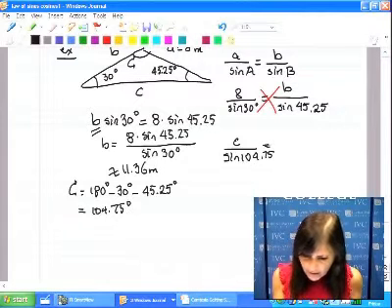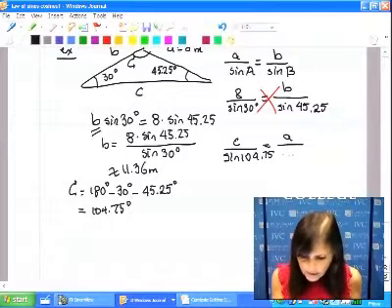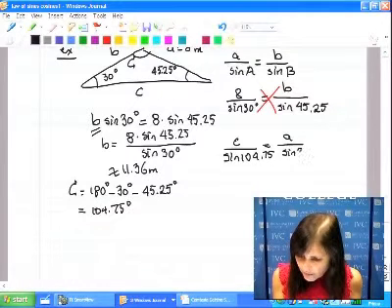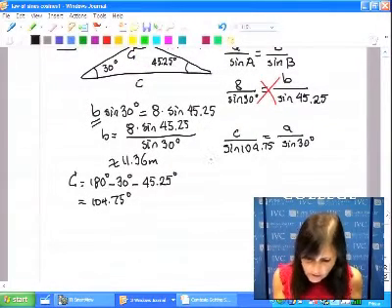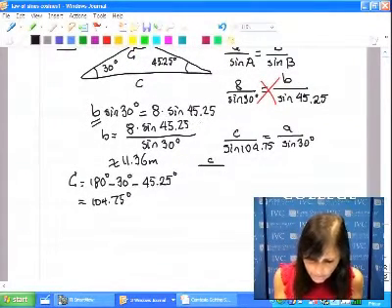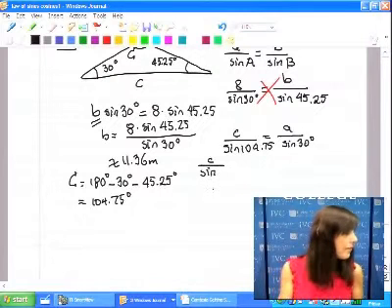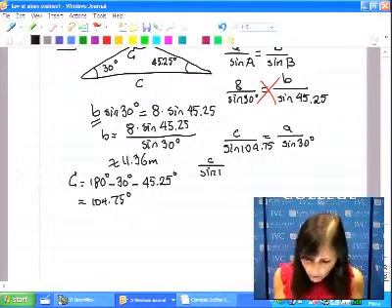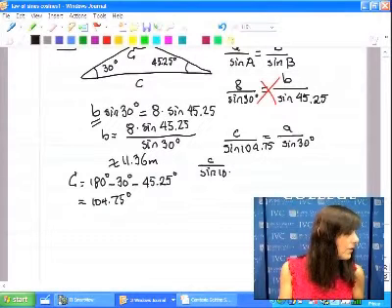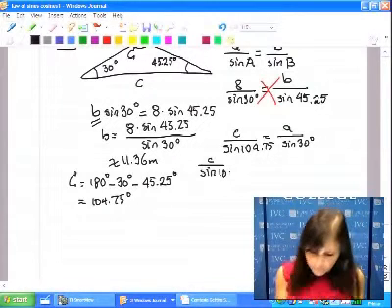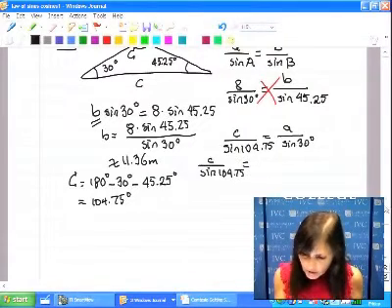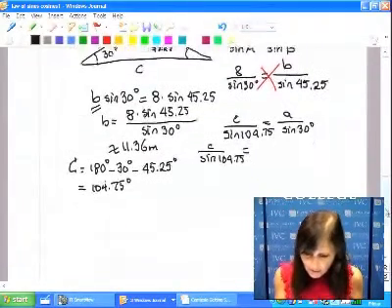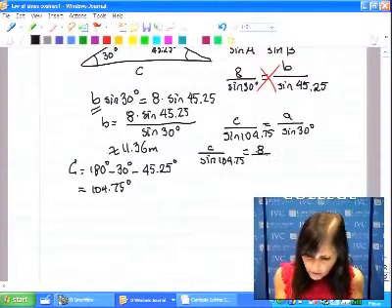That can be, let's say, a over sine of 30. So let's write these numbers down. So c over sine of 104.75. That's going to be a, which is 8, over sine 30.